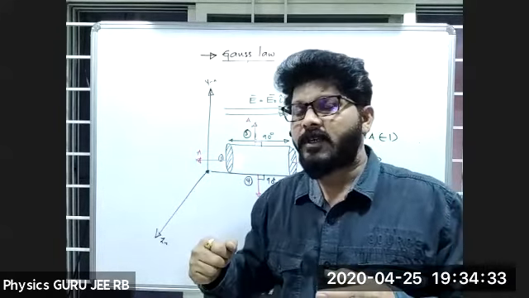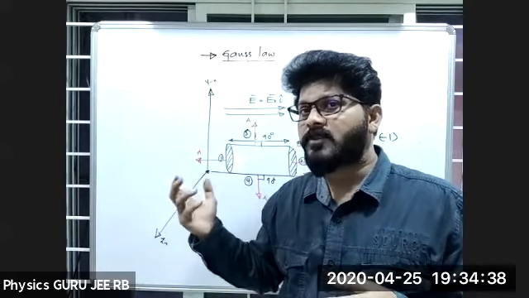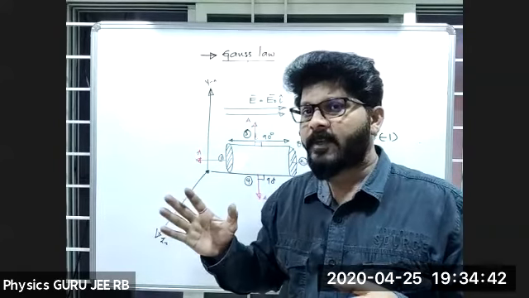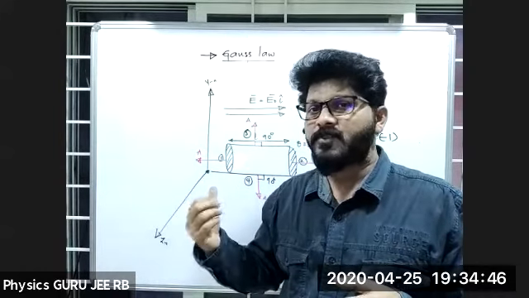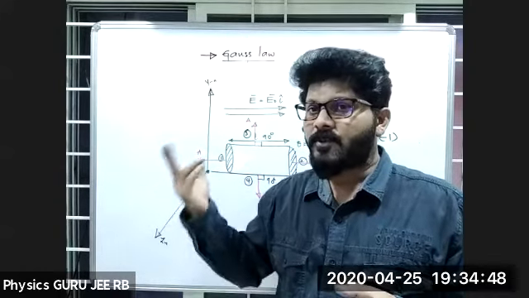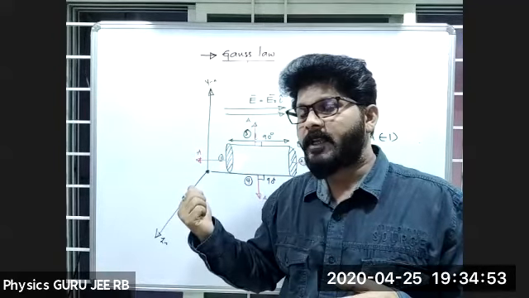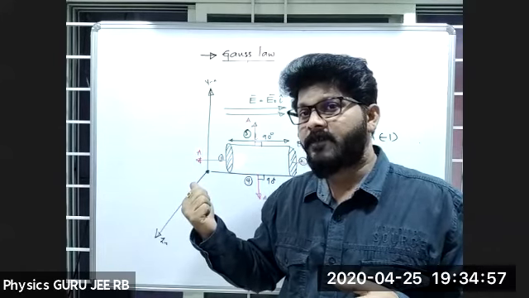Two major important points you have to note down: flux through the closed surface is 0, and there is no charge inside the closed surface.